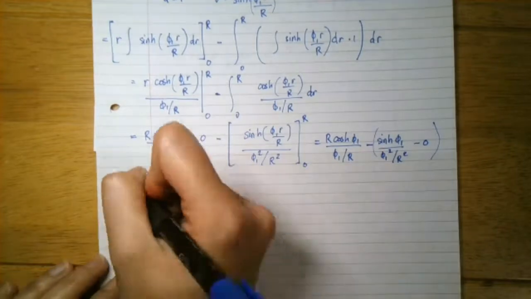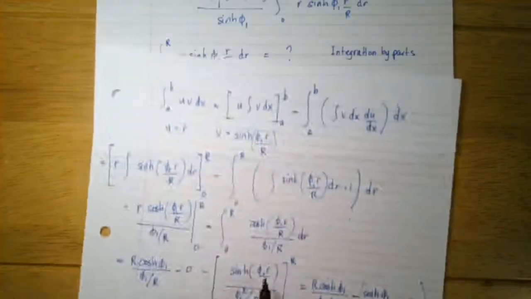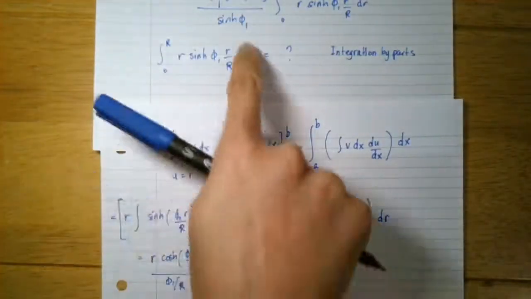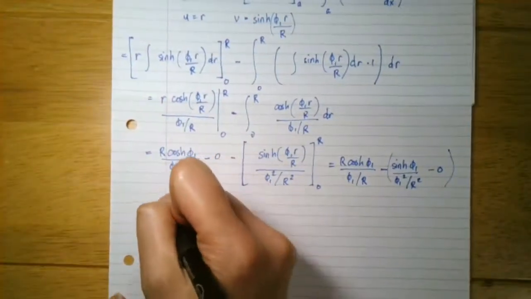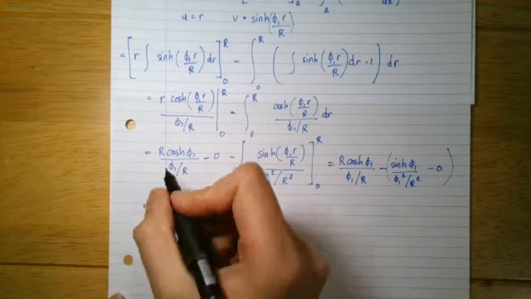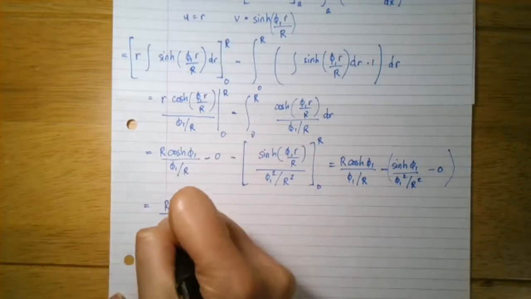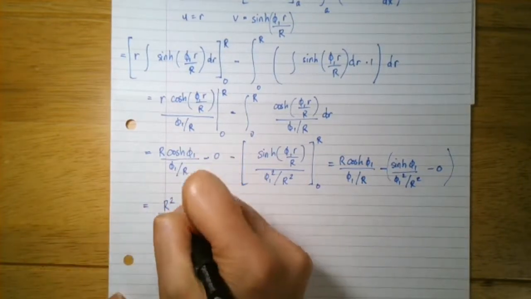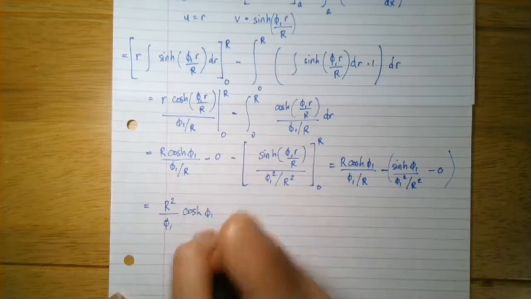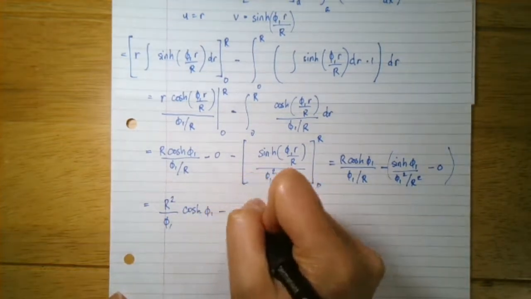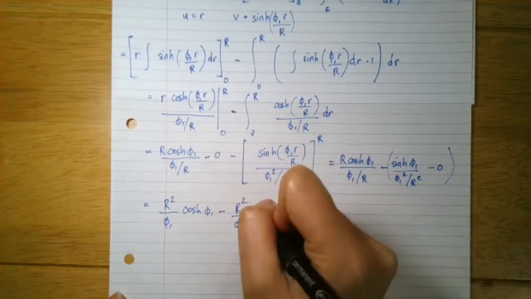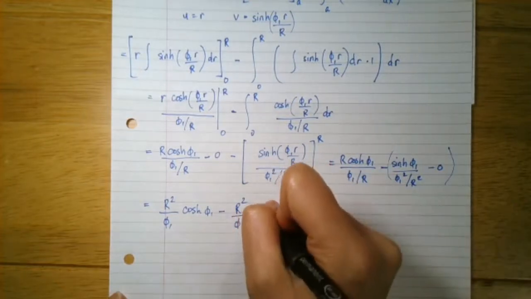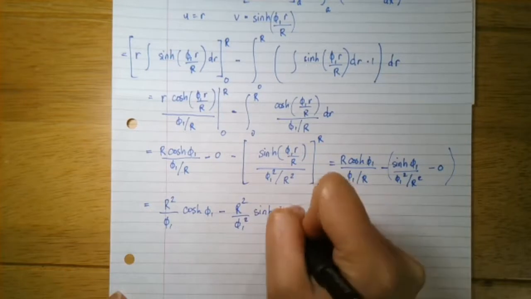Okay, so this one should have a bracket here. Therefore, our expression, this integral here, is equal to r squared phi 1 cosh phi 1 minus r squared phi 1 squared sinh phi 1.